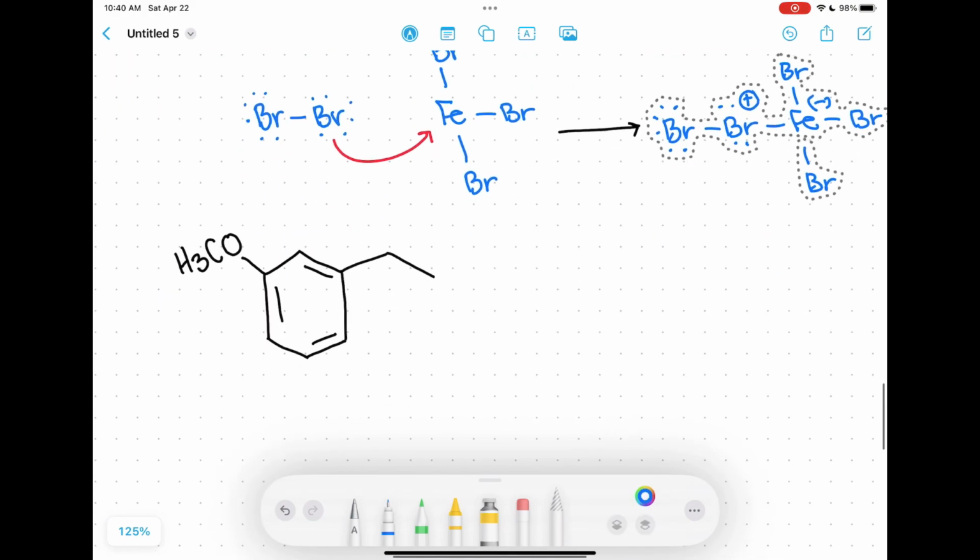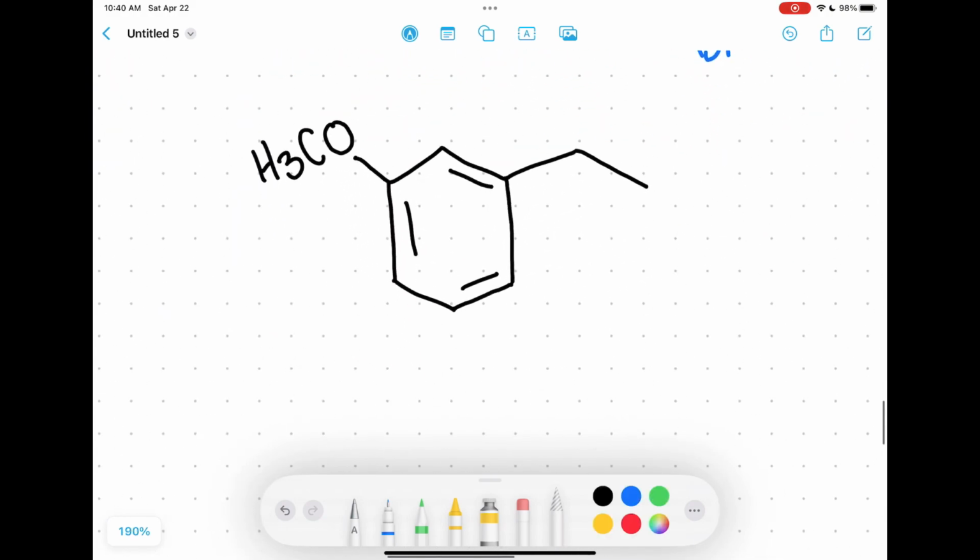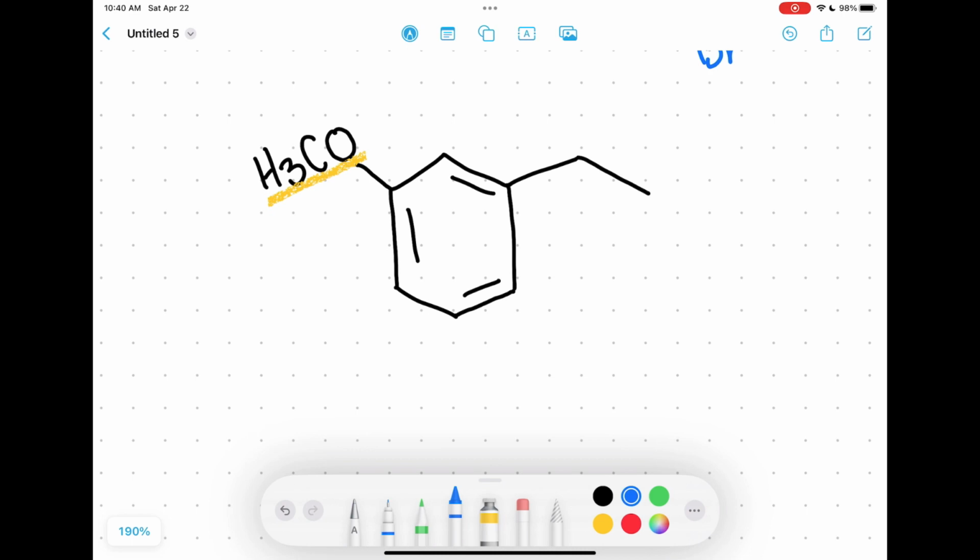Before doing anything else, we would like to establish which substituents are electron donating groups and which ones are electron withdrawing groups. As we may remember, an oxygen with an R group attached is a strong electron donating group. Next, let's take a look at the ethyl group.